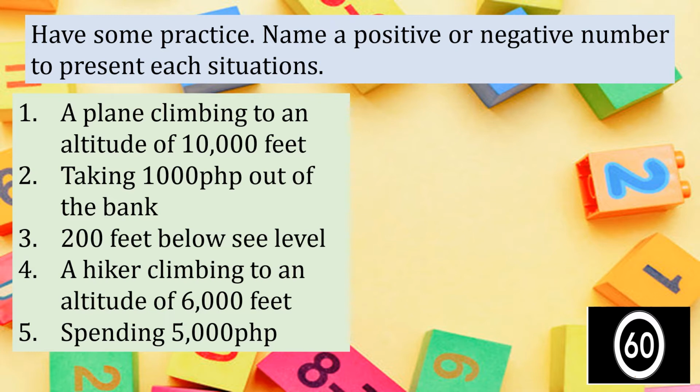Number 4, a hiker climbing to an altitude of 6,000 feet. Number 5, spending 5,000 pesos. So, lalagay nyo lang yan kung negative or positive. I will give you 1 minute to answer. Okay, ready? Begin.